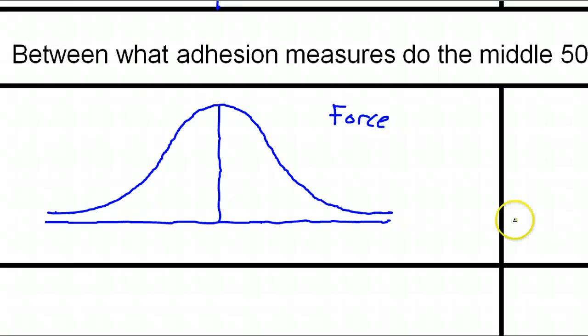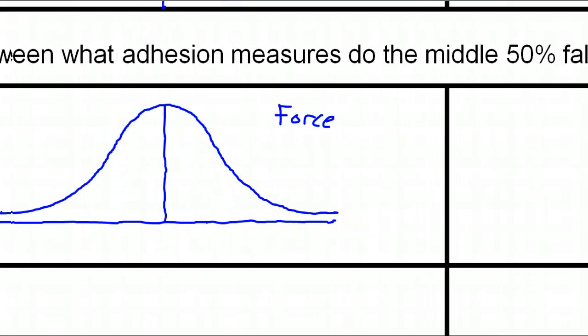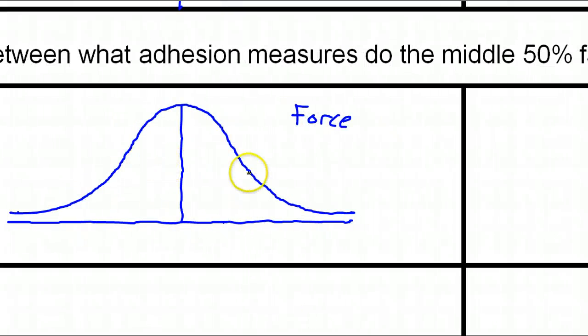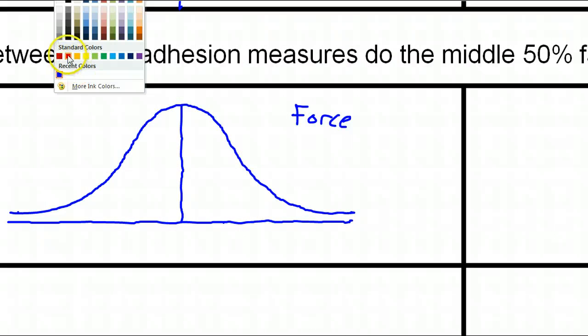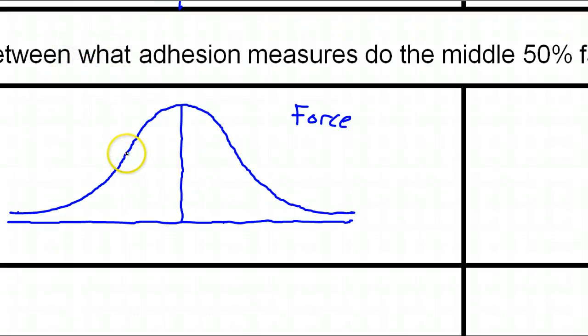Now what do they want? Between what adhesion measures do the middle 50% fall? So the middle 50%, just throw up some lines. The middle should be the same on both sides, as best as you can.